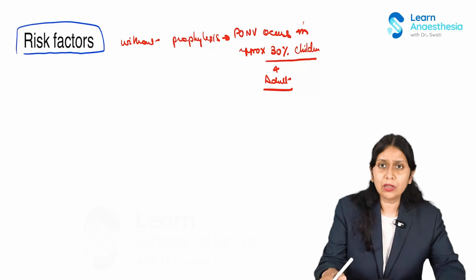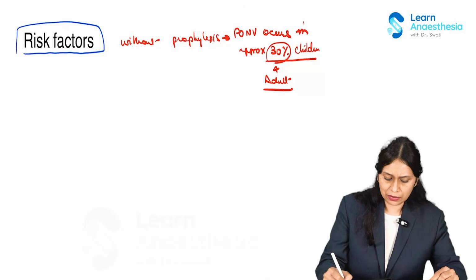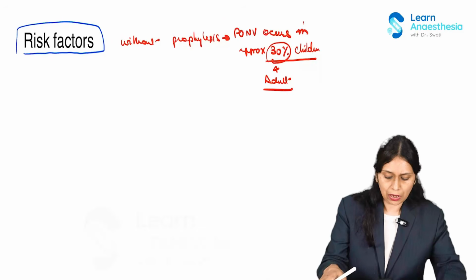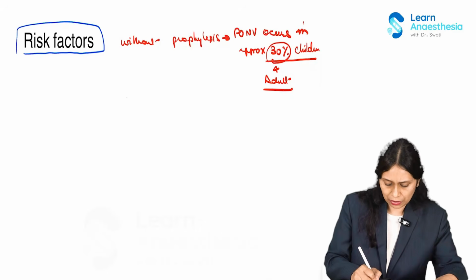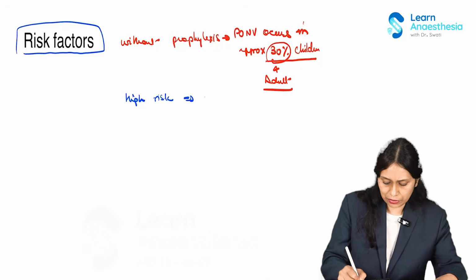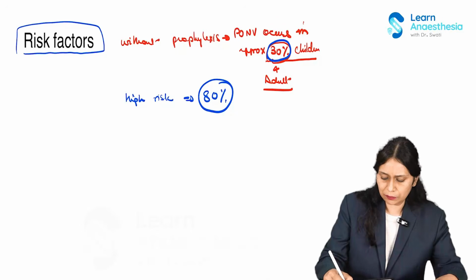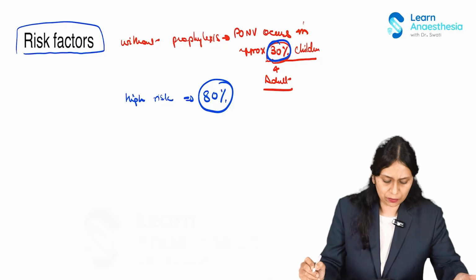So you can see what a high incidence, 30%, right? In high risk patients, the incidence is 80%. So normally it is 30%, and in high risk patients it is 80%.